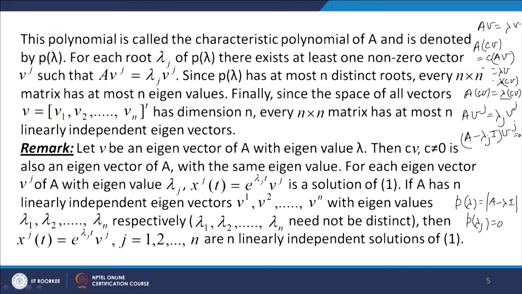So suppose B1, B2, Bn are n linearly independent eigenvectors of the matrix A corresponding to the eigenvalues lambda 1, lambda 2, lambda n respectively, which need not be distinct, then xj(t) equal to e to the power lambda j t into Bj, j equal to 1, 2 and so on up to n, are n linearly independent solutions of the vector differential equation 1, that is x dot equal to Ax.